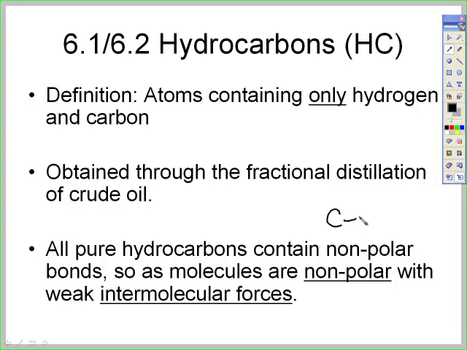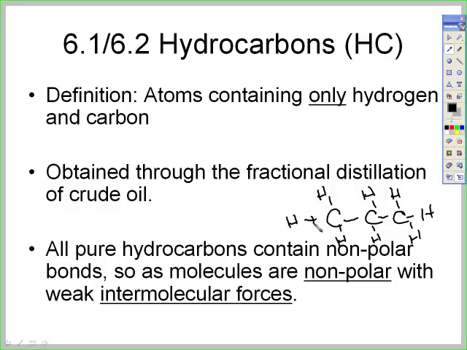Now to draw you a Lewis structure, this is ethane. Well, let's do propane, 3 carbons. If I were to draw that, all of carbon's 4 bonds would be attached to either another carbon or a hydrogen, so it's a hydrocarbon. And every single one of these bonds has a very small difference in electronegativity.